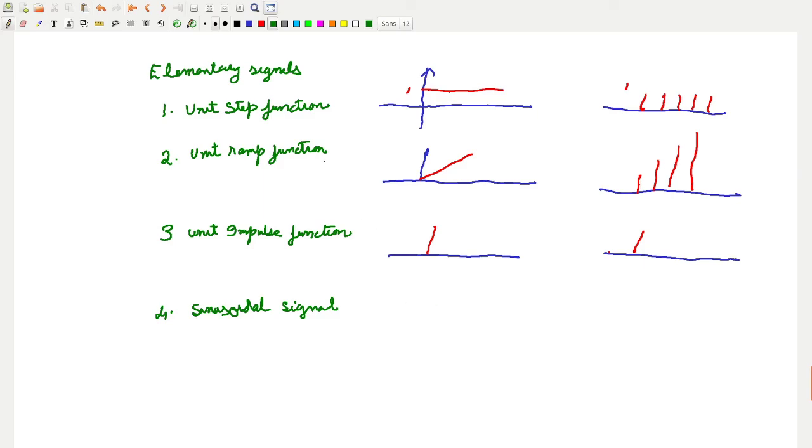It's a sine wave. Even in the discrete format, you will have a similar shape. Only thing is that it will not be continuous. Here it is a continuous sine wave. Here is an example of a discrete sine wave.